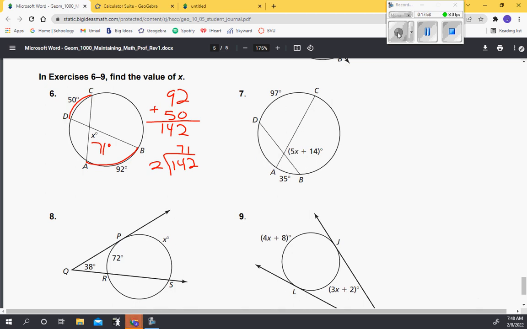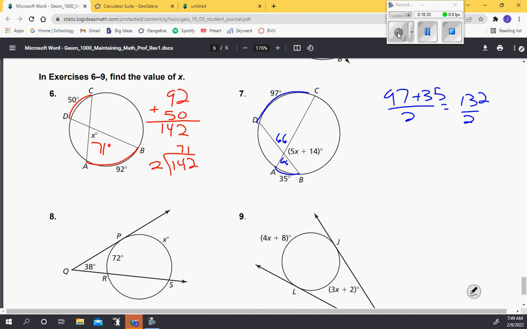But to find that, we're going to take 97, add it to 35, and divide by 2. 97 plus 35 is 132. Divide that by 2. Should get 66. So this angle here is 66 degrees, which means this angle is 66 degrees.